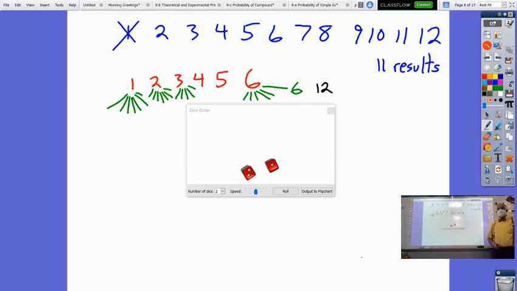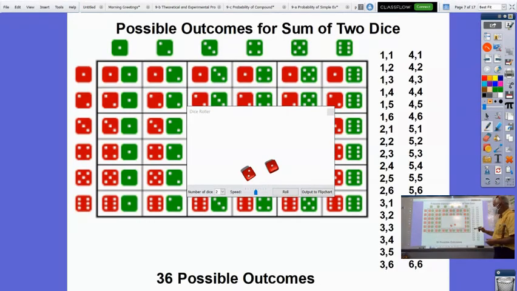There are 36 different results when you roll 2 dice. A lot of them have the same sum. They add up to the same number. But there's 36 different combinations of red die and green die.